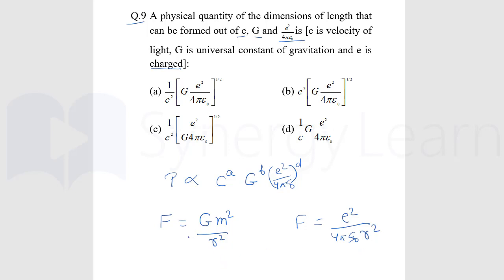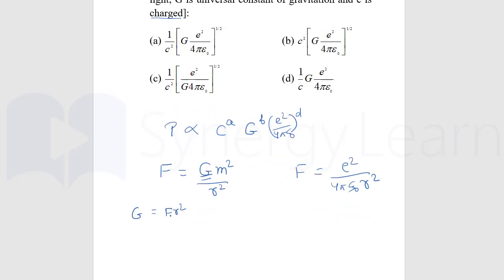So their combination, that is, the combination of E square by 4 pi epsilon naught and G. We can see that G is equal to F r square by m square, and when this is multiplied by E square by 4 pi epsilon naught, which is F r square, what we see here is G into E square by 4 pi epsilon naught.